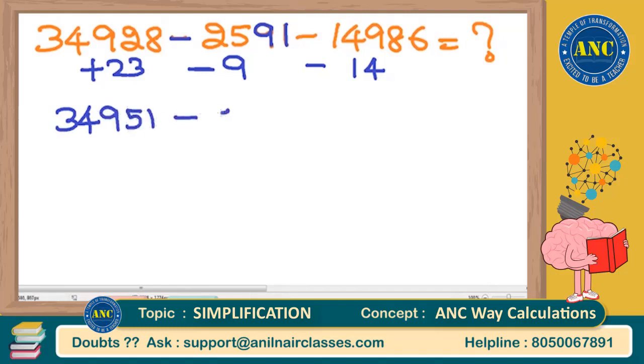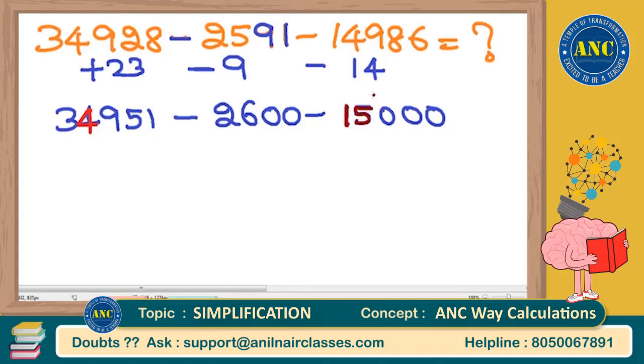This becomes 951 minus this 2600 and this 15,000. Now same logic I will implement. 34,000, if I remove 15,000, I will be left with how much? Or I can also do it like this. Forget about 15,000.